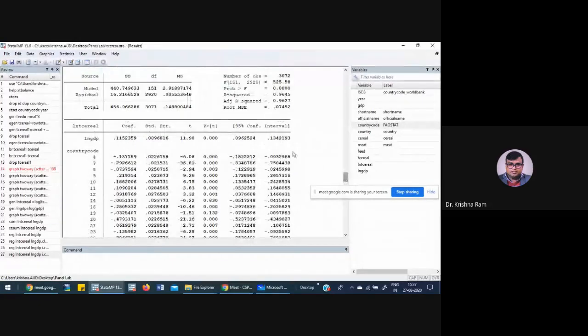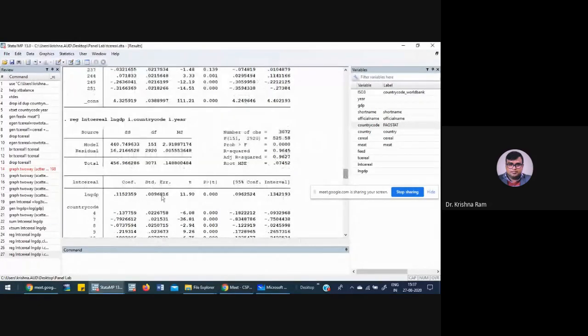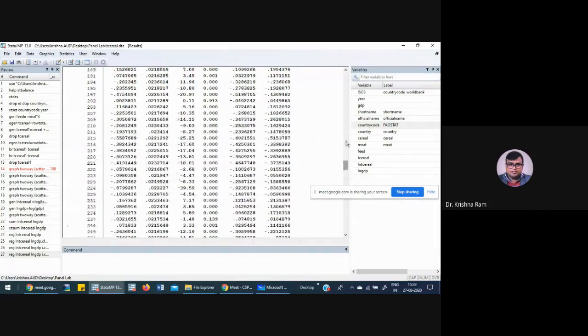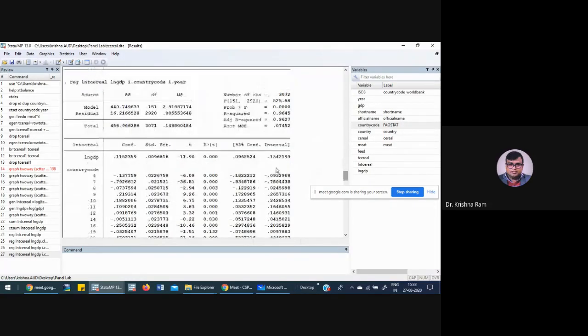So this means that accounting for cross-sectional and time effect, 96% of variation in Y is explained by X. And this also shows that there is a time effect and also a fixed effect.